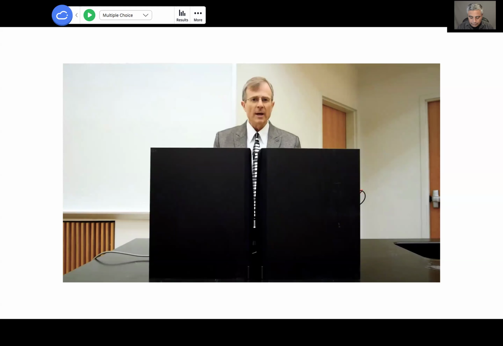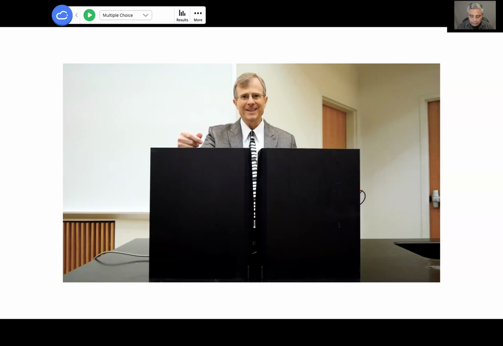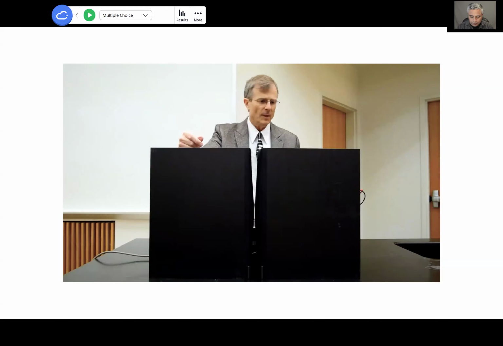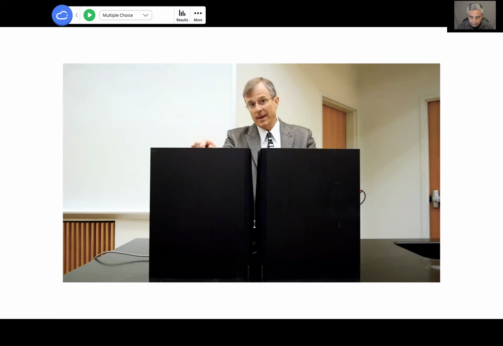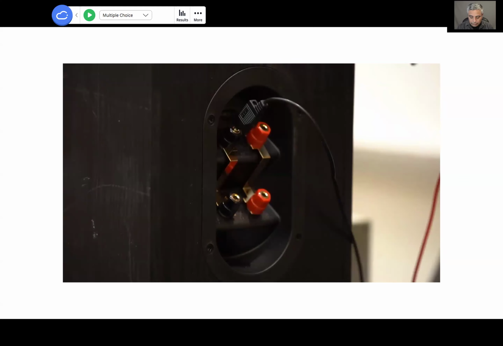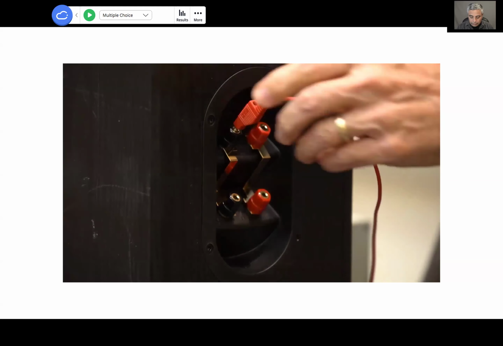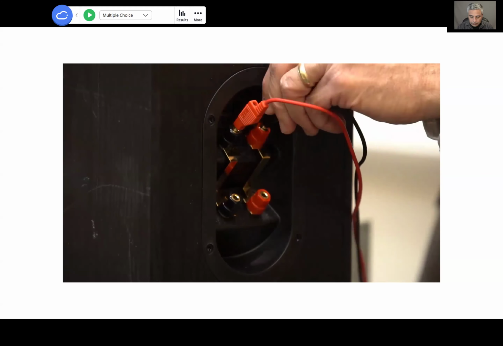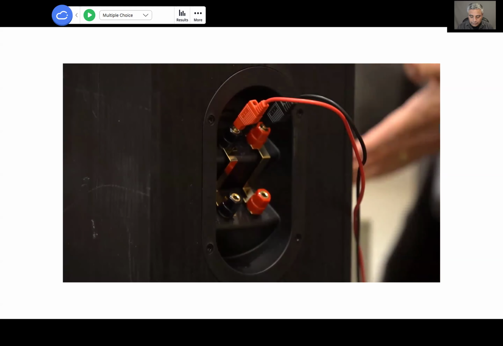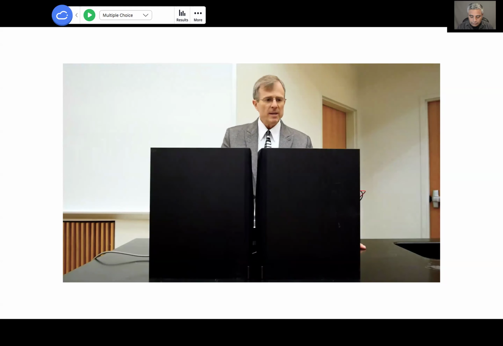This is a 100 hertz sound, 100 cycles per second, produced with these two speakers oscillating in phase. So if you instead connect them up wrong, and you connect the red to the black, and the black to the red, with no change to the signal, then you get a much softer sound. Why is that?